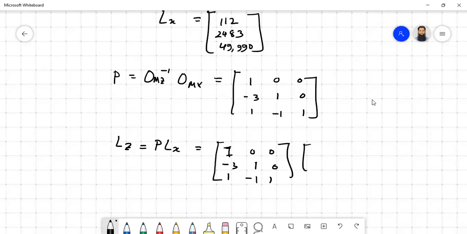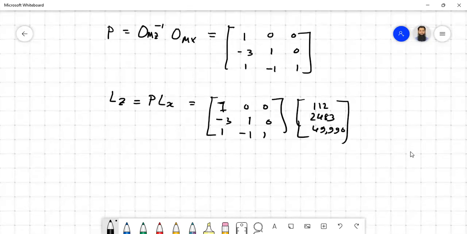And then you just multiply with 112, 2483, and 9990. So multiplying gives you the value of the LZ, that is 112, 2147, and 47619.